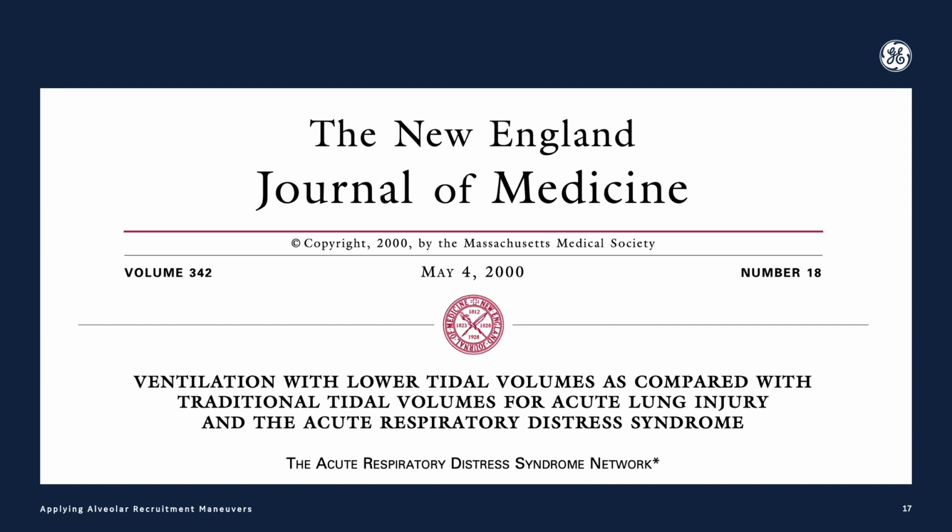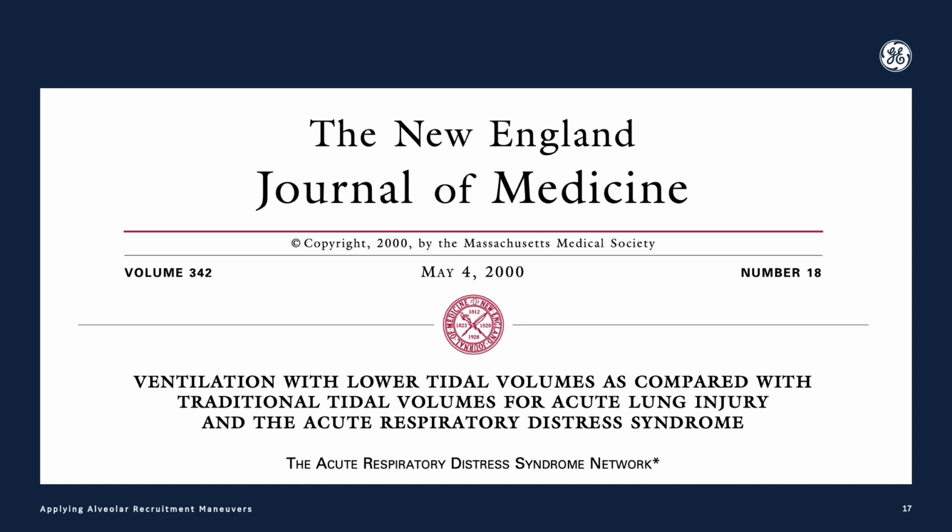Quite interestingly, the mortality rate for the low tidal volume group was significantly lower than the high tidal volume group, about 40% versus 30%. Based on this study, new recommendations were put in place for all patients with ARDS to receive low tidal volume ventilation.